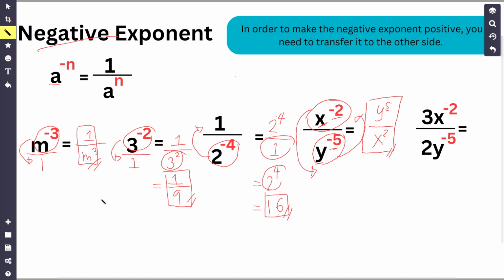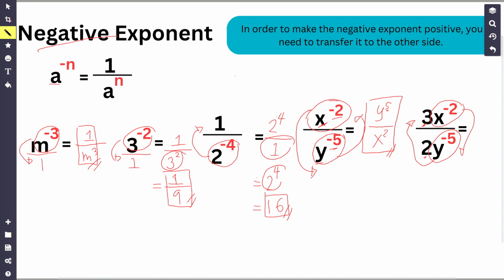Now, what if we have a coefficient? Let's say we have here 3x raised to negative 2 over 2y raised to negative 5. Again, the rule is we just have to transfer the base with the negative exponent. Here, it's only x raised to negative 2 and y raised to negative 5 that have negative exponents. So we transfer the x one below to make the exponent positive, and transfer the y raised to negative 5 to the numerator to make the exponent positive.